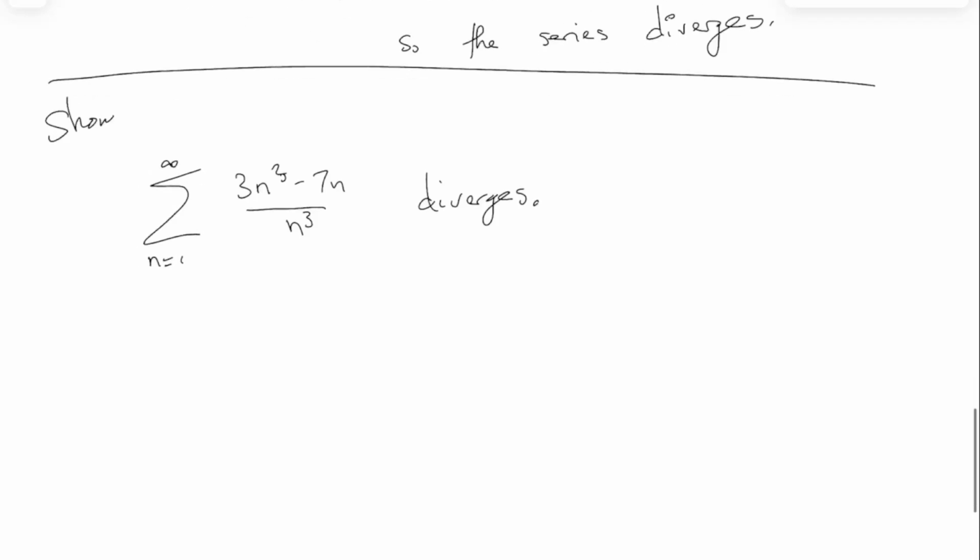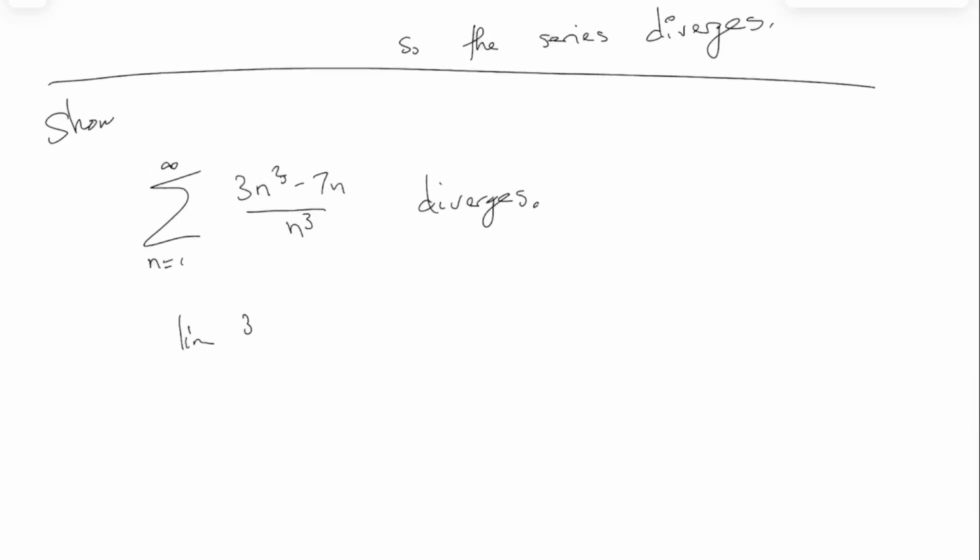So I would like to consider the limit of (3n^3 - 7n) over n^3. My handwriting here is supposed to say n cubed up top. Take the limit of the individual terms. Can anybody say what that limit is going to be?